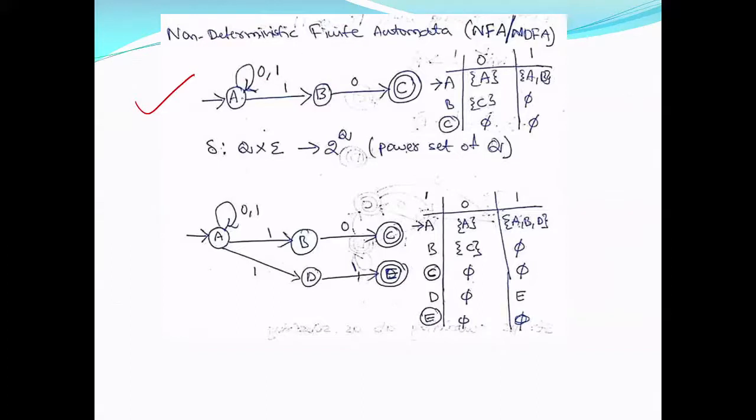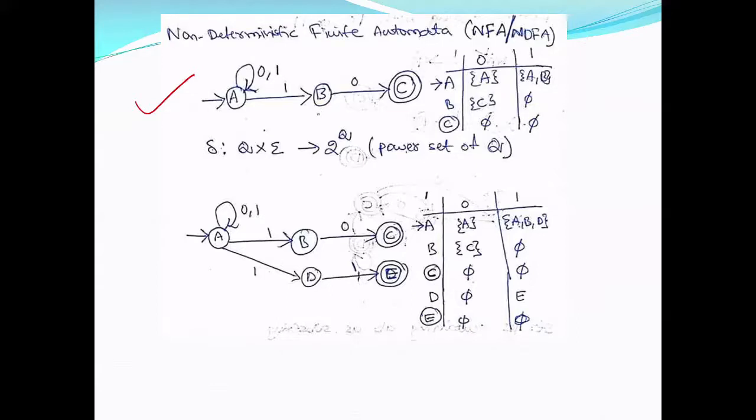A on 1 is A and also B. That means for state A, if you give input 1, I am specifying A comma B. That means you can go to A or you can go to B. Now you have a choice. The FA has a choice to go to A or to B. It can decide.